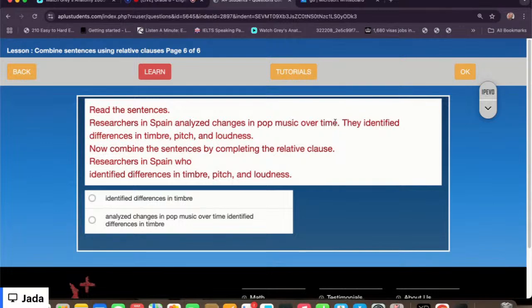Researchers in Spain analyzed changes in pop music over time. They identified differences in timbre, pitch, and loudness. Now combine the sentences by completing the relative clause.